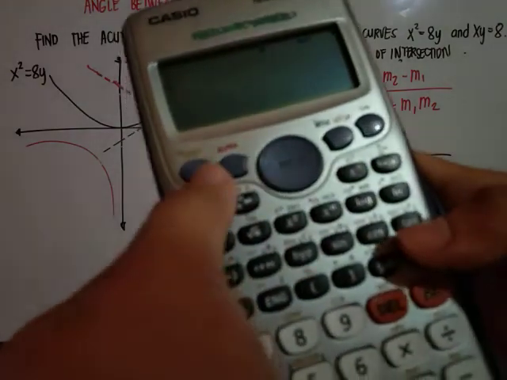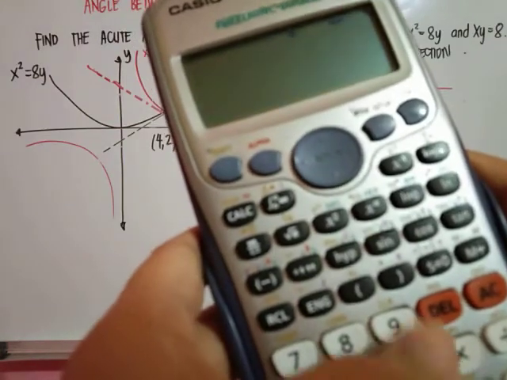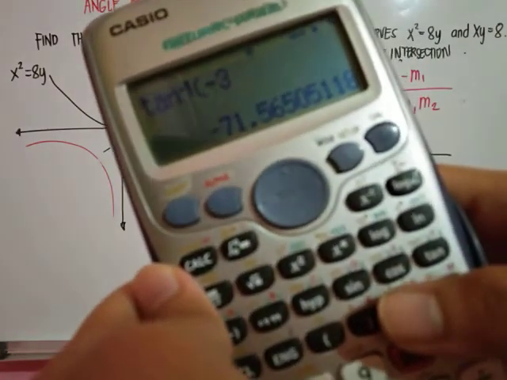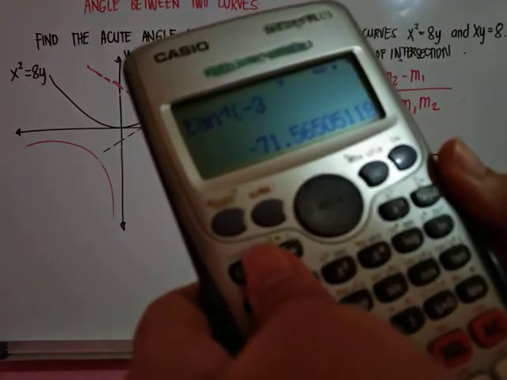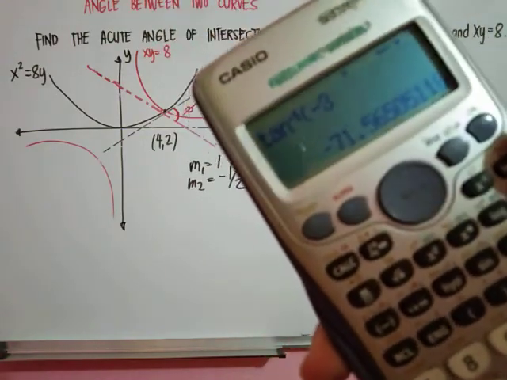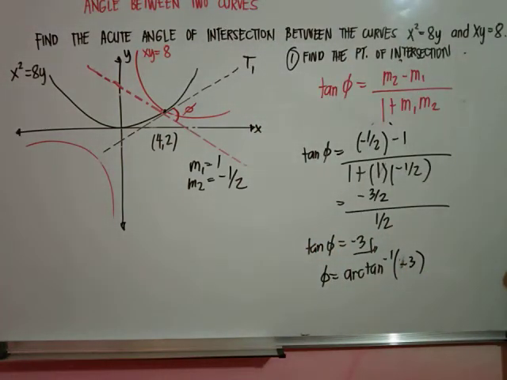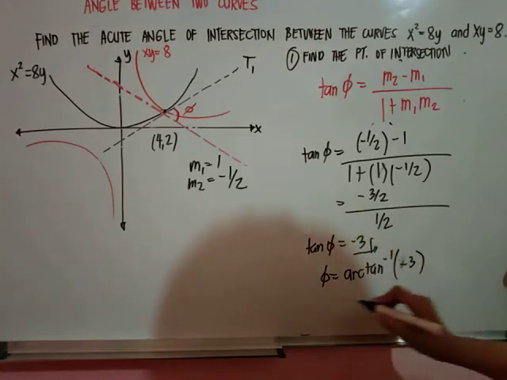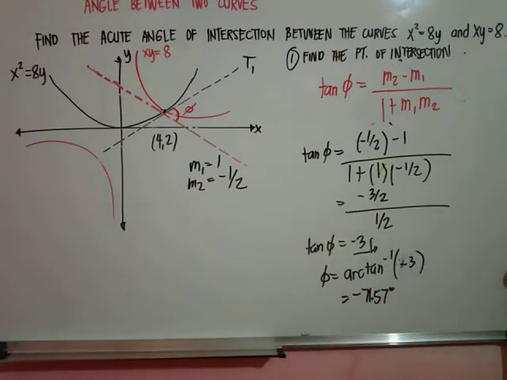So, para pag nag-shift tan kayo, arctan negative 3, yung ilalabas na sagot is in degrees. Pag hindi yan naka-degree, radian, kailangan nyo pang i-convert siya. So, yung lumabas is negative 71.57 degrees.